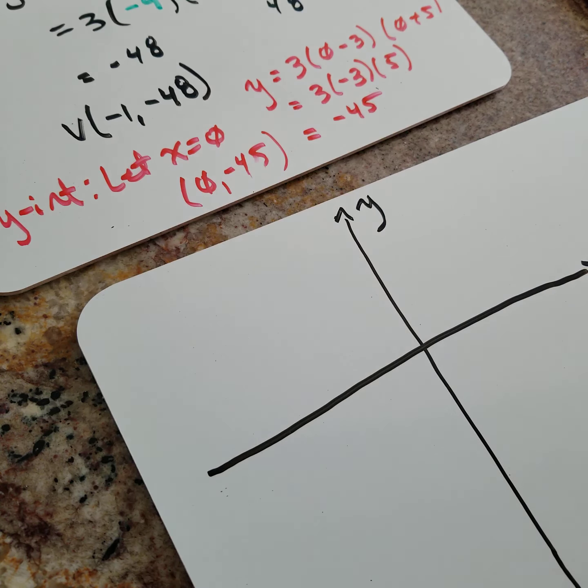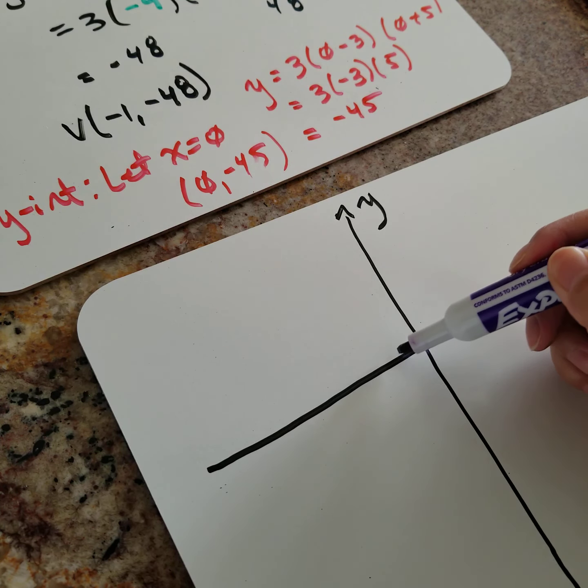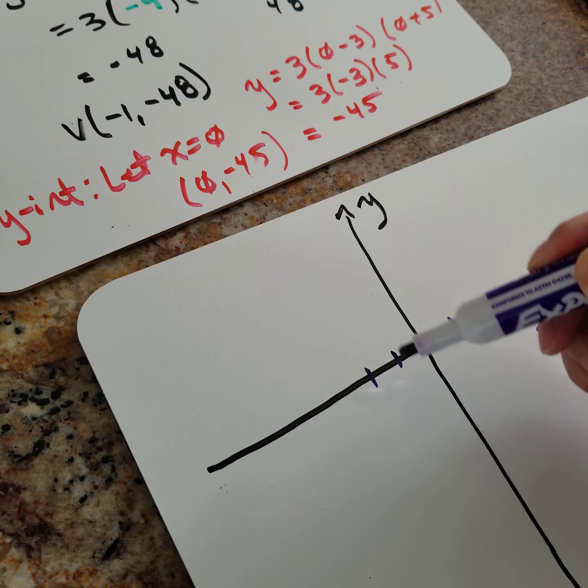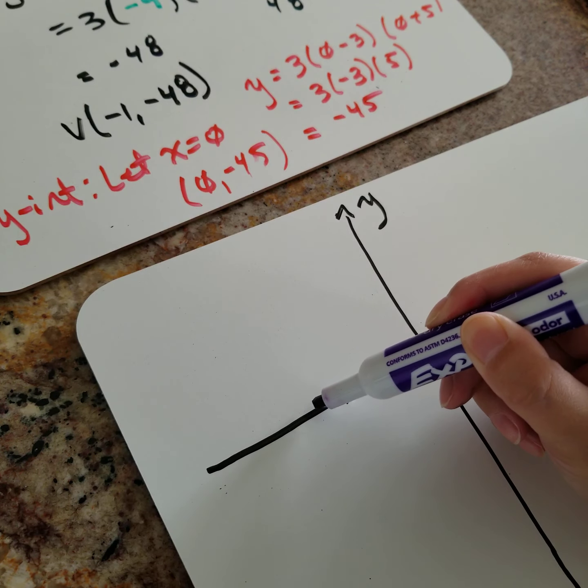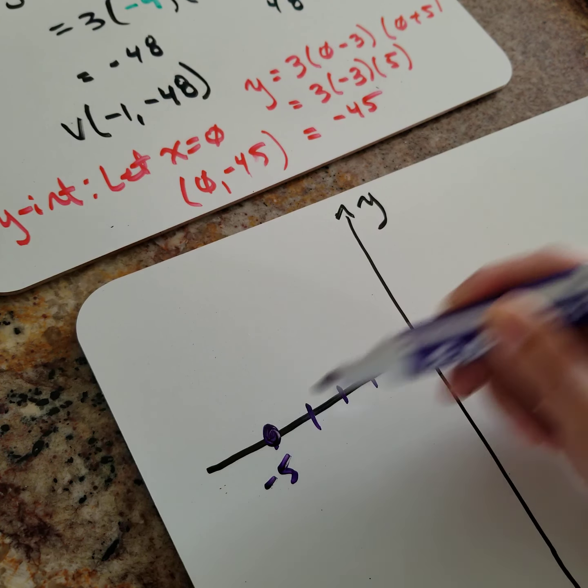So let me plot all of those points. Positive 1, positive 2, positive 3, and 0. So I'm going to plot a point here. I have negative 1, negative 2, negative 3, negative 4, negative 5. So here's my other x-intercept.